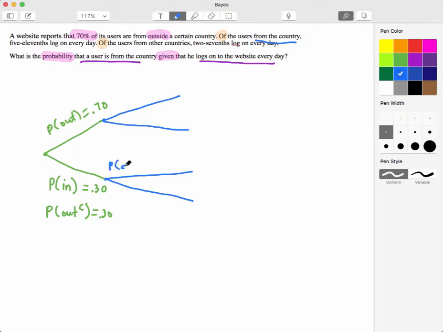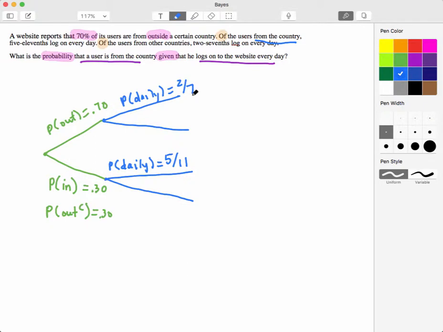So the probability that you are logging on daily to this website is 5/11ths. The next sentence says of the users from other countries, so that means we're looking outside of the country. Of the users from other countries, 2/7ths log on every day. So here, this branch, the probability of logging on daily is now 2/7ths.